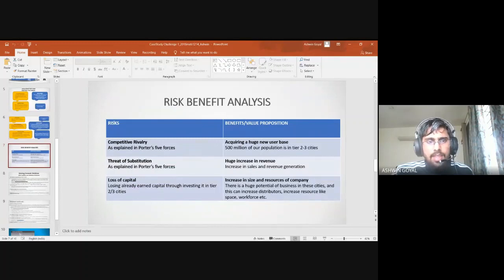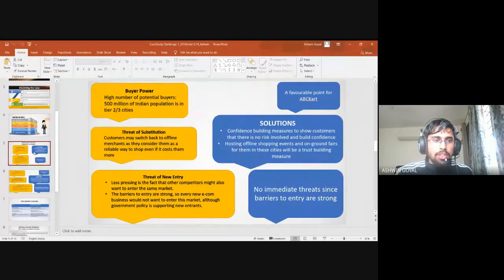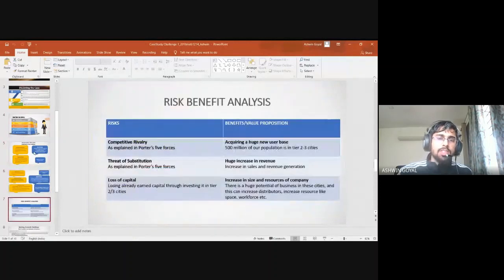What are the risks that are there, and what are the benefits that ABCkart would get if it enters this new market space, tier 2 and tier 3 cities? So this is a risk benefit analysis. After doing these two kinds of analysis, one the Porter's 5 forces and the second the risk benefit analysis, I got to know, okay, this is the approach that I like. These are the solutions that are there, and these are the approaches that ABCkart needs to take if it wants to enter this new market space.